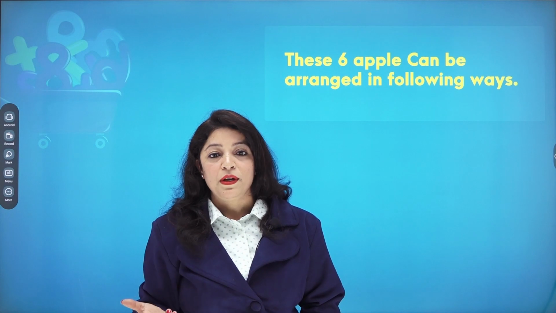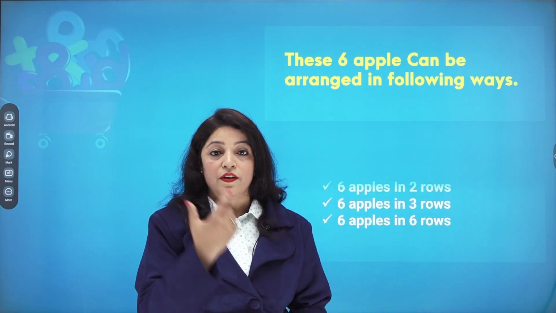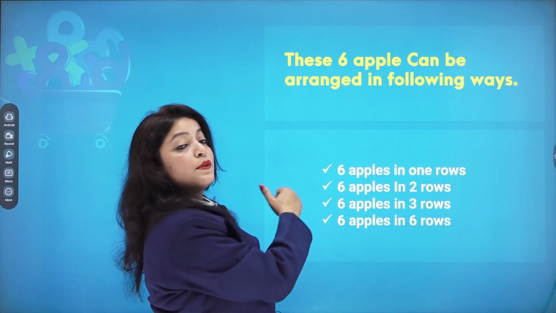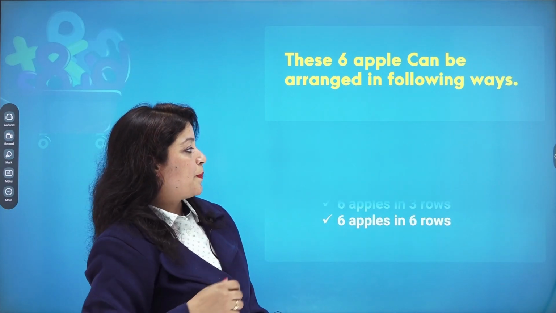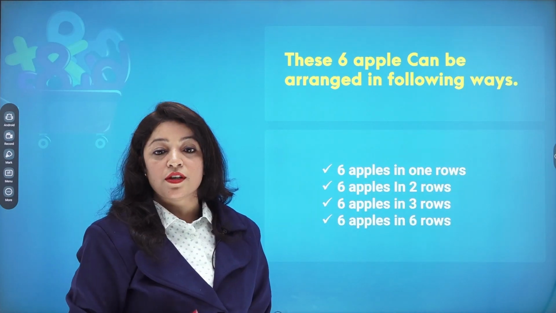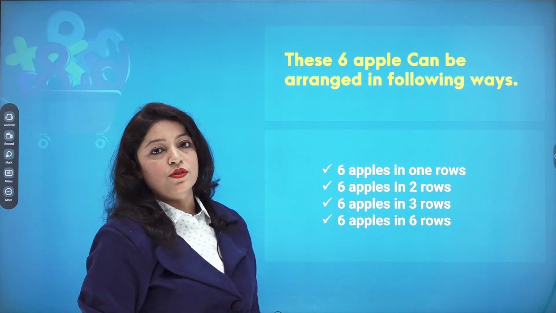So here we have arranged 6 apples into different ways, like 1 into 6, then 2 into 3, 3 into 2 and now 6 into 1. So these are the different combinations: 6 apples in one row, then 6 apples in 2 rows, 6 apples in 3 rows, 6 apples in 6 rows in different ways.